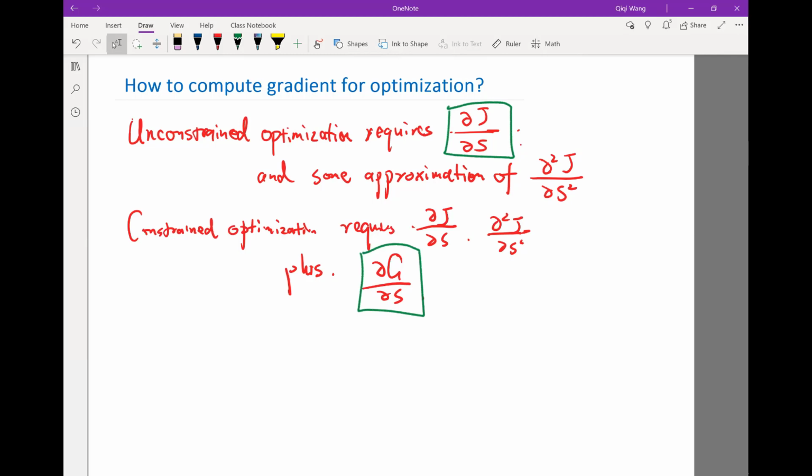The most obvious way of computing these derivatives is using finite difference. We want to compute the derivative of J at S0.